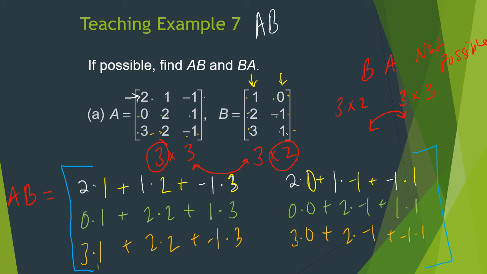So A times B equals 2 plus 2 is 4, minus 3 is 1. 0 minus 1 is negative 1, minus 1 is negative 2. 0 plus 4 is 4, plus 3 is 7. 0 minus 2 is negative 2, plus 1 is negative 1. 3 plus 4 is 7, minus 3 is 4. 0 minus 1 is negative 1, minus 1 is negative 2.